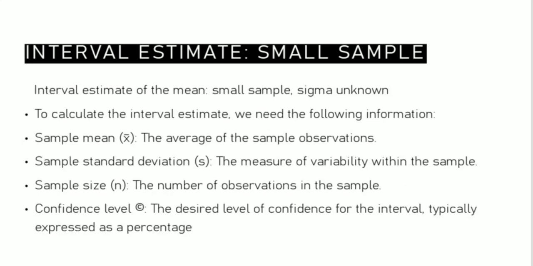To calculate the interval estimate, we need the following information: the sample mean x bar, the average of the sample observations; the sample standard deviation, the measure of variability within the sample; the sample size, the number of observations in the sample; and the confidence level, the desired level of confidence for the interval, typically expressed as a percentage.